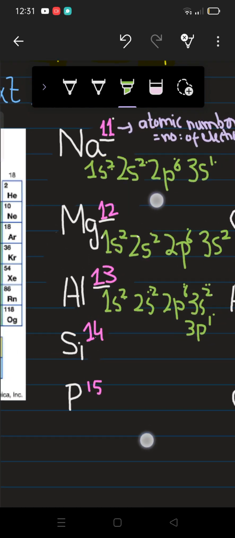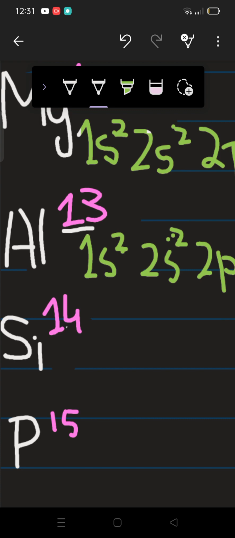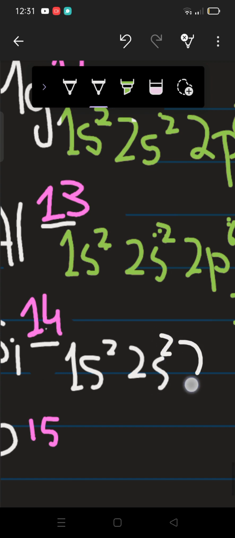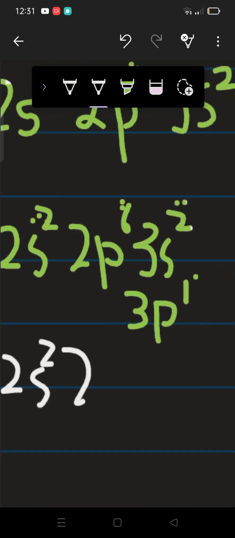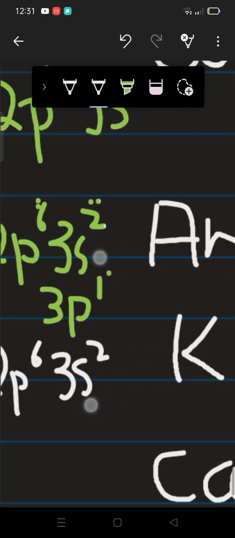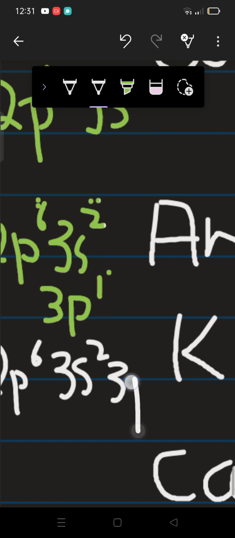Let's move towards silicon, which has 14 electrons. So 1s2, 2s2, 2p6, 3s2, and 3p. How many electrons would be there?